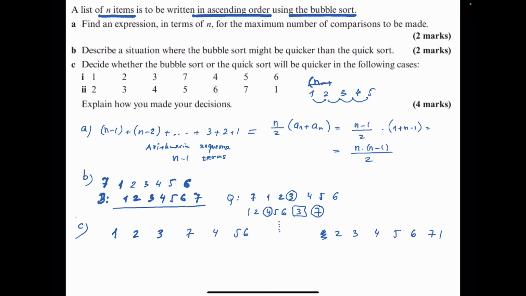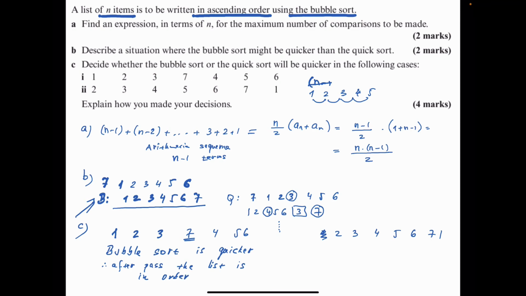So that's exactly the situation that I just described. So in this case, the bubble sort would be quicker. The reason why is because the only item that is out of its position is number 7. That's the largest one. So after the first pass, the list will be in order.